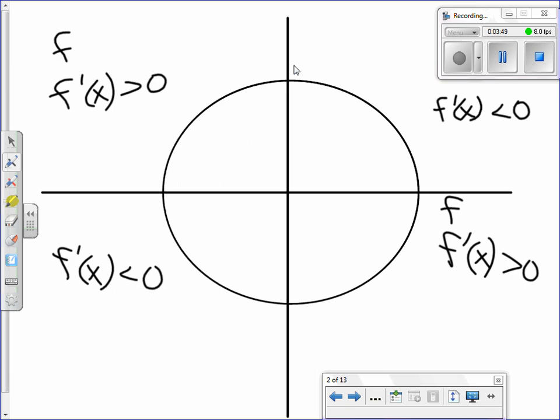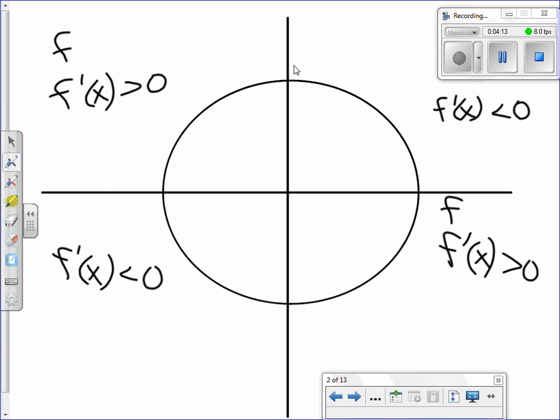What makes it have a positive derivative? Here and here. Look at the graph in the second quadrant and the fourth. The curves are going up, okay? What's another way of saying that? What is the function doing? If it's going up, it's increasing.